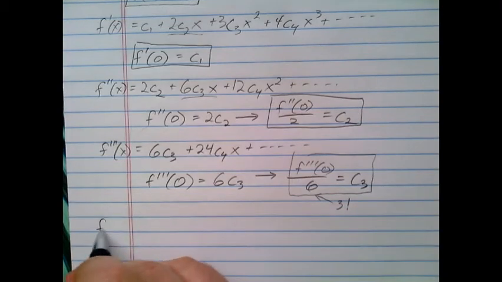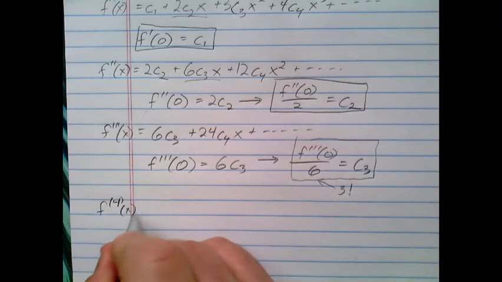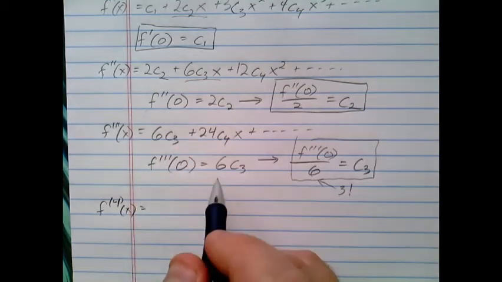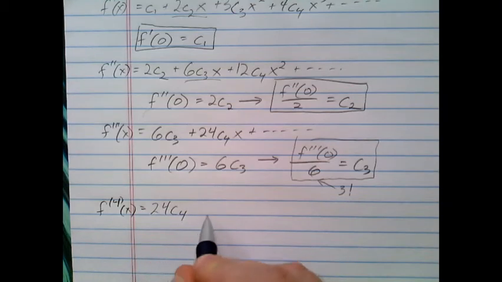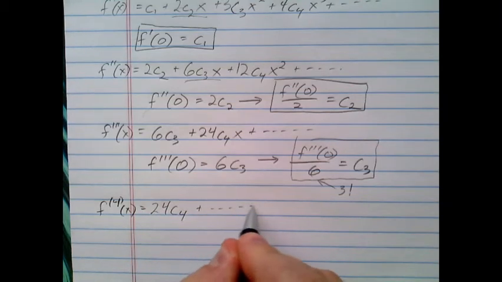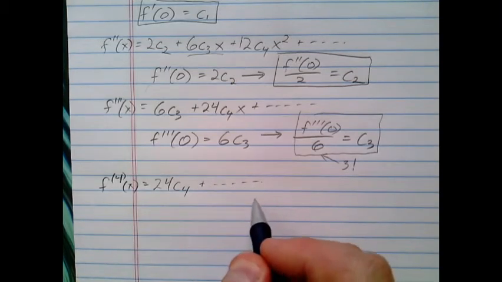Let's just do one more derivative. Fourth derivative of x. So now the 6c3 goes away, and I get a 24c4. And then there'd be some other terms, starting with something times x and then something times x squared.